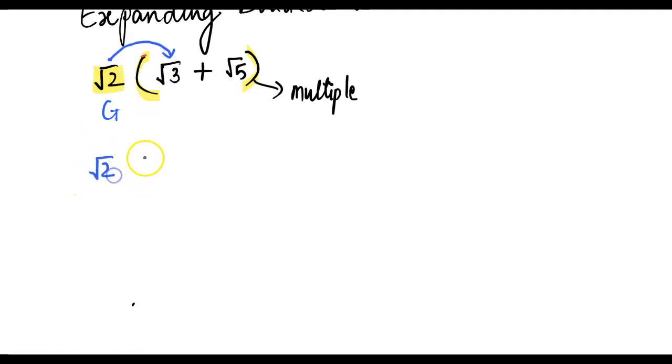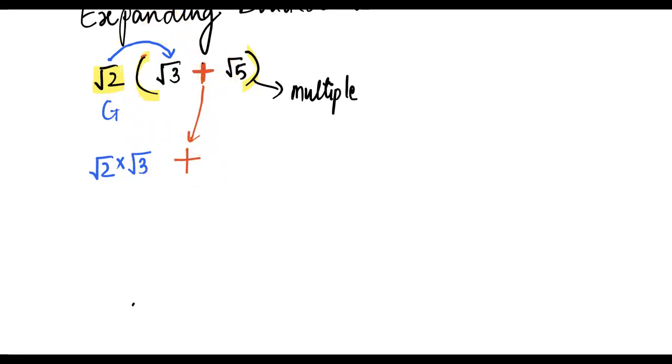So root 2 meets root 3, and because it's a bracket there, that means we're going to multiply these two, right? Now the guest has to go to the next room. We connect with the connector, passing through the lobby or whatever area they have in the middle.